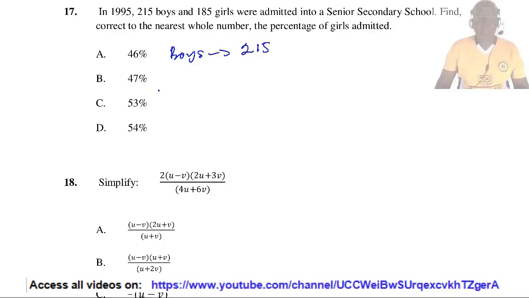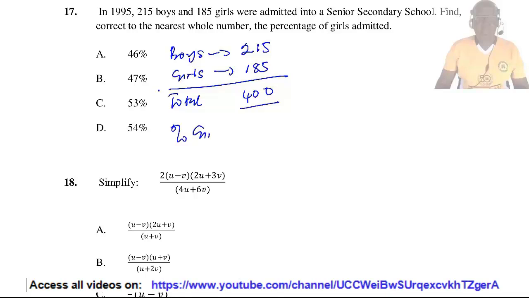The number of girls admitted equals 185. So the total is 400. So the percentage of girls admitted is going to be equal to 185 divided by 400 times 100%.